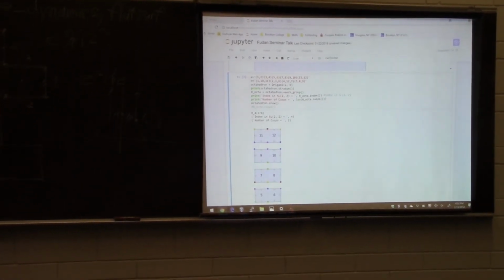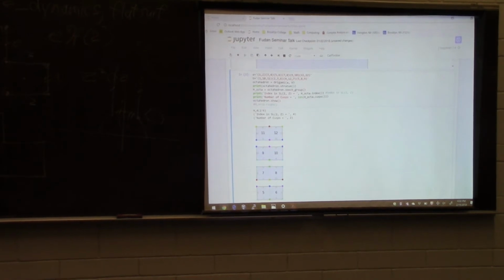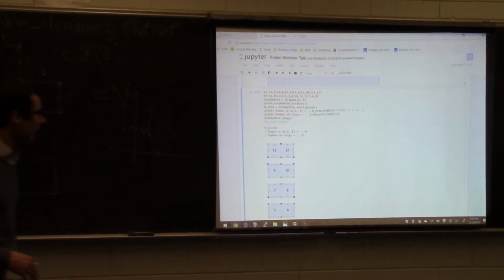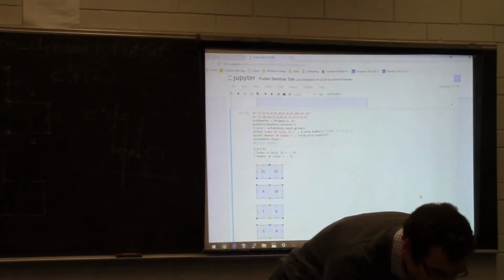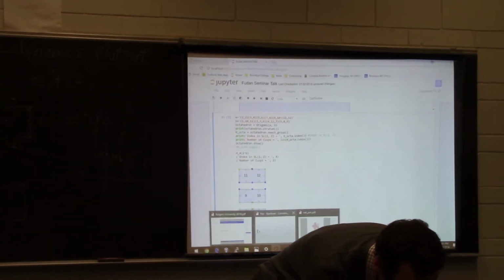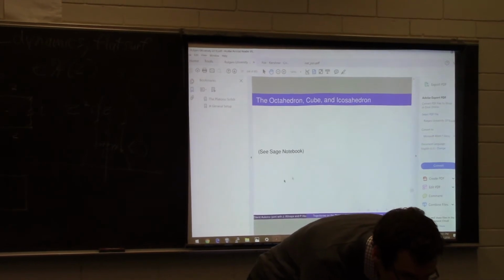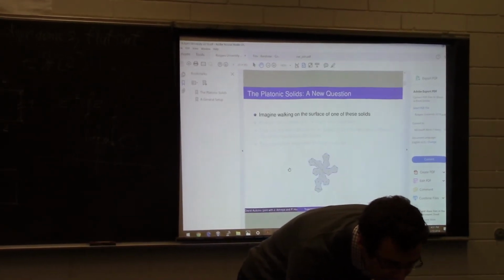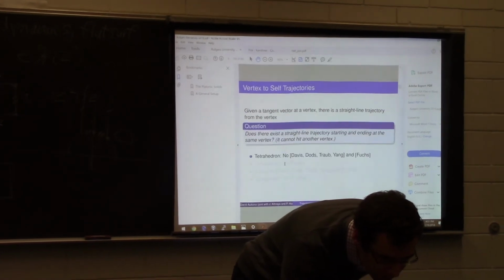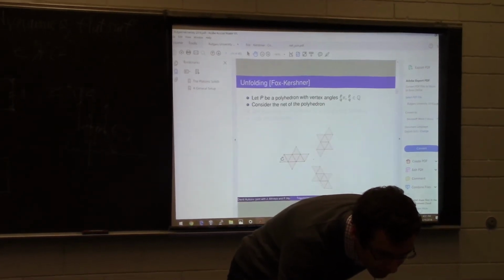it's not clear why the octahedron is a square-tiled surface until you make the following observation. Let's go back. There we go.